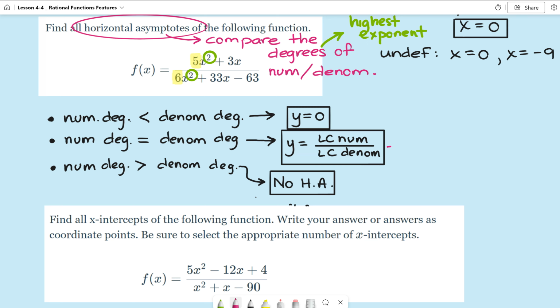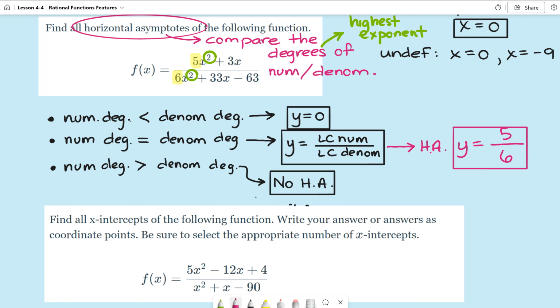So all you have to do in providing an answer for horizontal asymptote, if your degrees are the same, is just type out y equals, put your fraction bar, the leading coefficient of the numerator over the leading coefficient of the denominator. If the fraction can reduce, go ahead and do so. In this particular problem, it cannot be reduced. So y equals 5/6 is our answer.